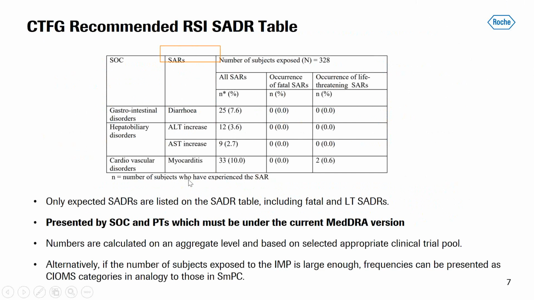And most relevant to our talk today, they are presented by SOC and PT, which must be under the current MedDRA version. And the third column here shows the frequency of the events, and those numbers are calculated at an aggregated level and based on the selected clinical trials.